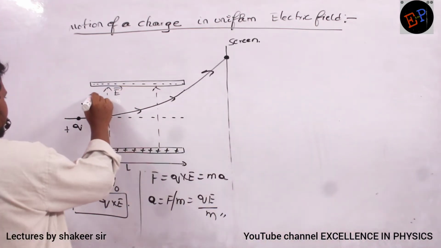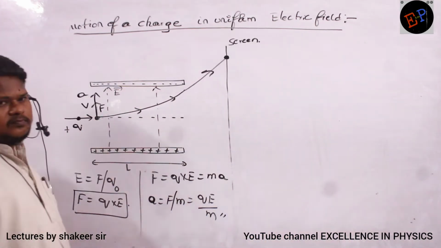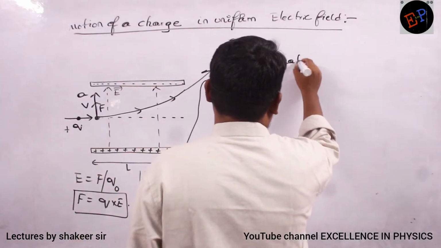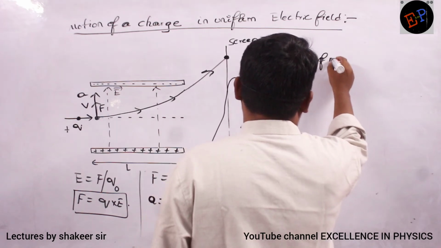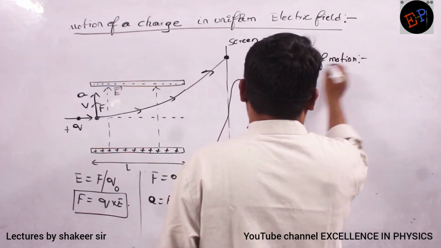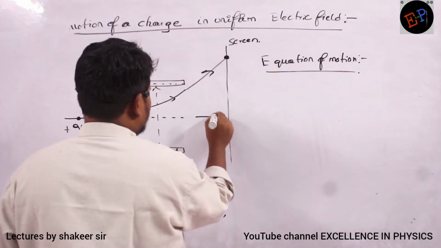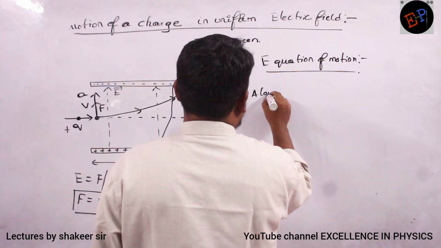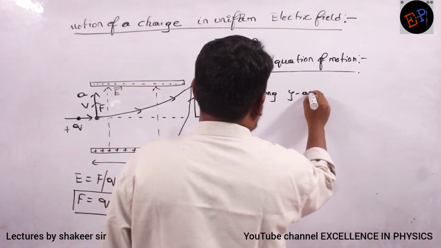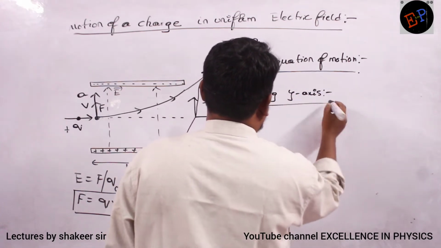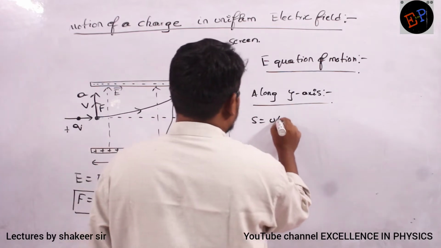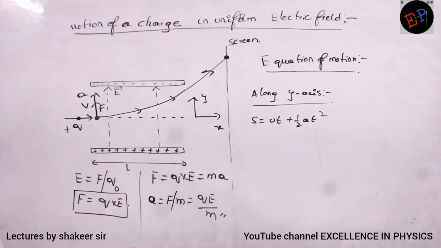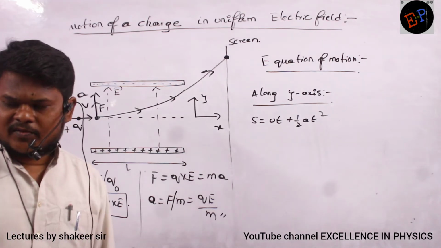So the direction of acceleration will be the same. Now, if I write the equation of motion along the y-axis, taking this as the x-axis and this as the y-axis, I can use the relation s is equal to ut plus half at square, no? Can you say why I have used this relation? Why can't I use displacement is equal to velocity into time?